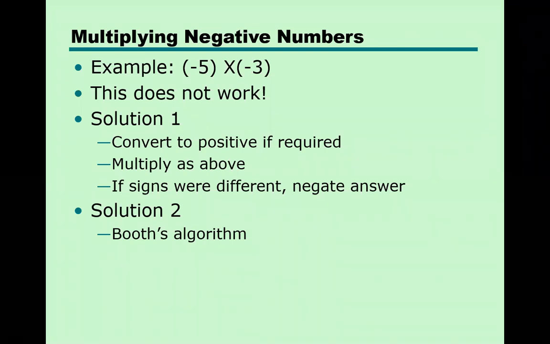By using that technique you may also get a result, but if you apply the same technique as it is for signed numbers, you may not get a result. That's why there is another technique, Booth's algorithm. Otherwise, you first convert your negative number into a positive number and then multiply. And if both the signs are different, obviously you have to negate the number.